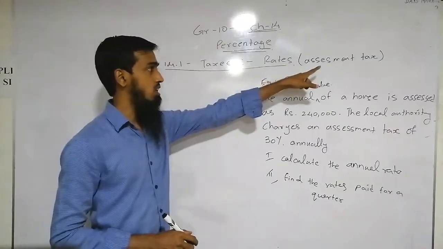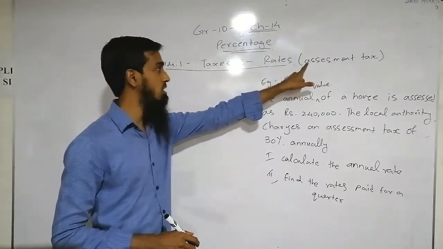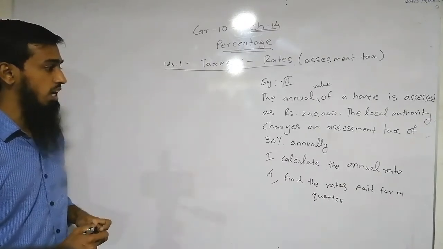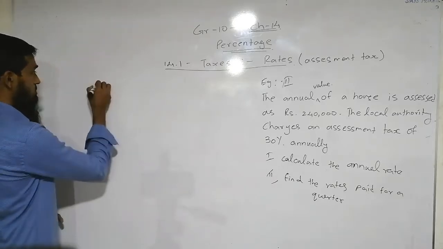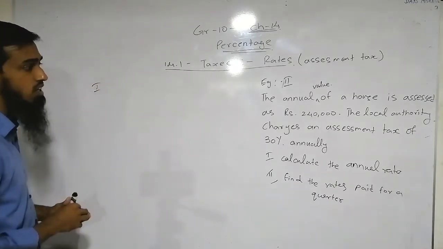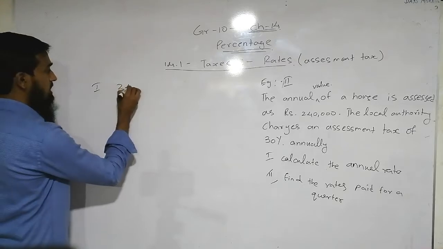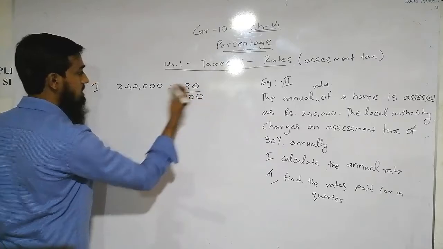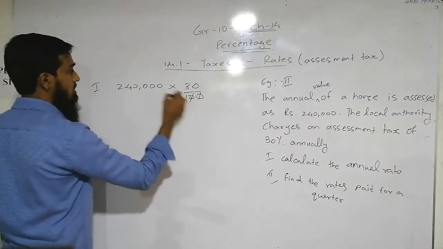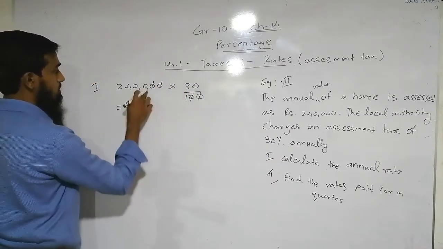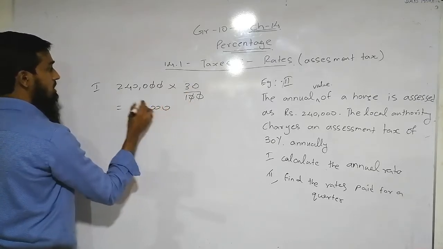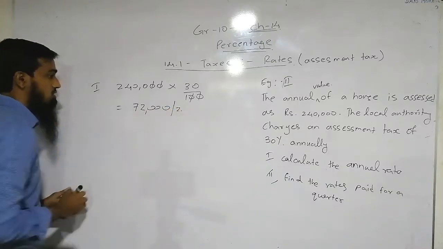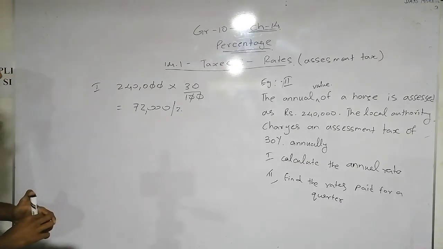We know that in the previous syllabus it was called the assessment tax, of 30% annually. Calculate the annual rates, so calculate the yearly tax. So 240,000 into 30%. What is the 30% of 240,000? If you simplify it, 3 zeros there, and 24 into 3, that is 72,000. So the amount is 72,000 annually.